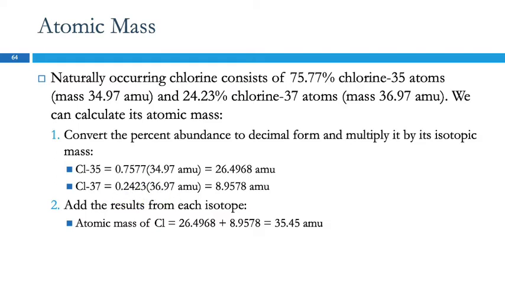So we take the percentage and turn it back into the fraction by dividing by 100, and we multiply by the mass of that isotope. We do that for all the isotopes, and then we add them up, and we get the average mass. We don't have to divide by the number of them, because that gets incorporated into here with the 100 business.